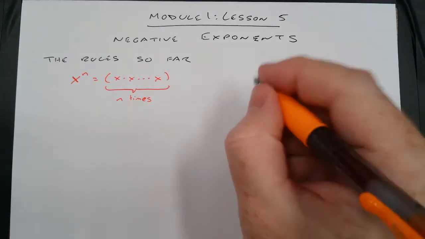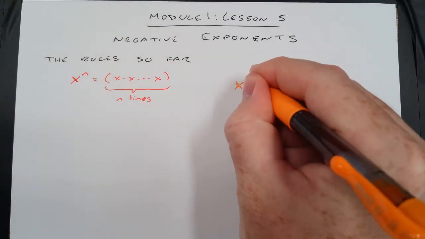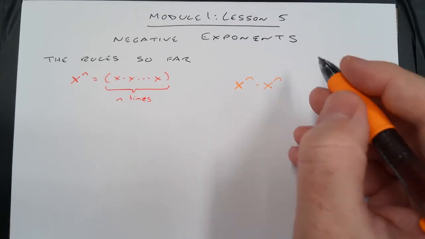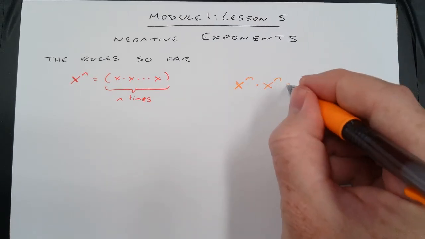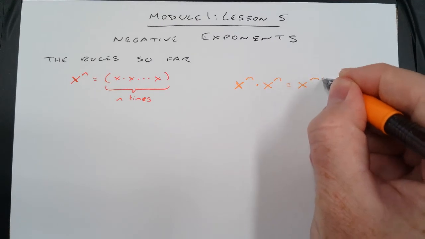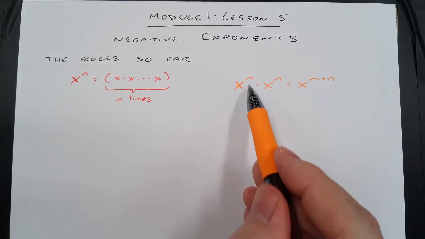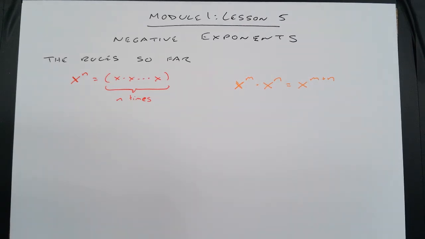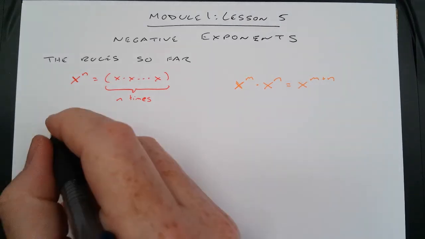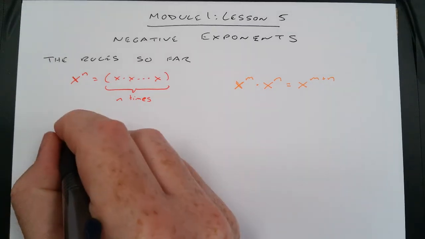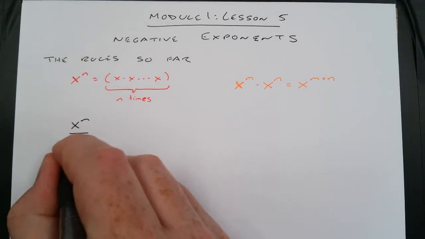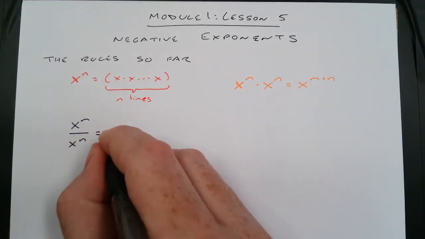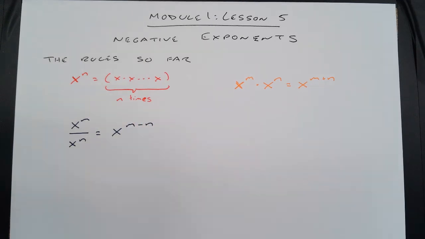Next rule we came up with was when we have the same base with two different exponents multiplied, we can just add the exponents. x to the m times x to the n equals x to the m plus n. Rule 3, when we have the same base with different exponents dividing, instead of adding the exponents, we subtract the exponents.